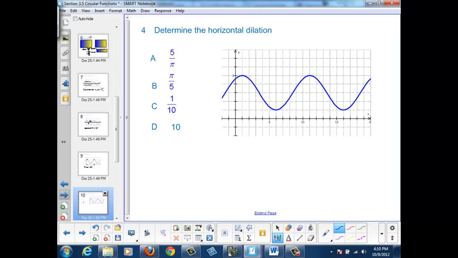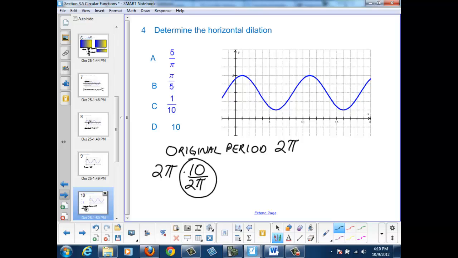To determine the horizontal dilation, we have to take into account that the original period of a circular trig function, like sine or cosine, is 2 pi. To go from 2 pi to a period of 10, I would need to multiply 2 pi by 10 over 2 pi. So this 10 over 2 pi is my horizontal dilation, which if I simplify is 5 over pi.